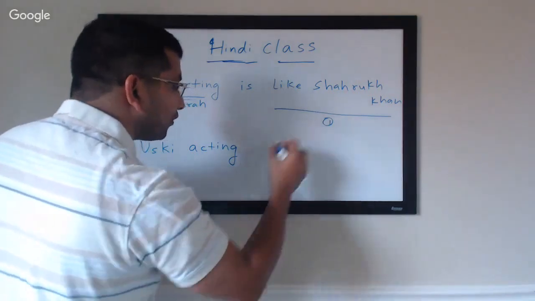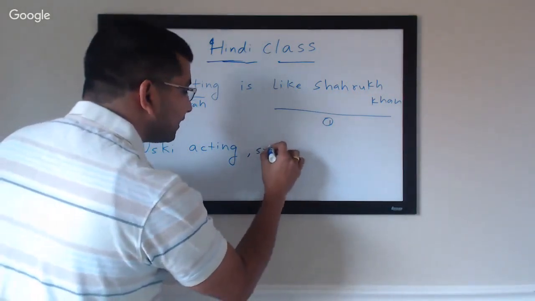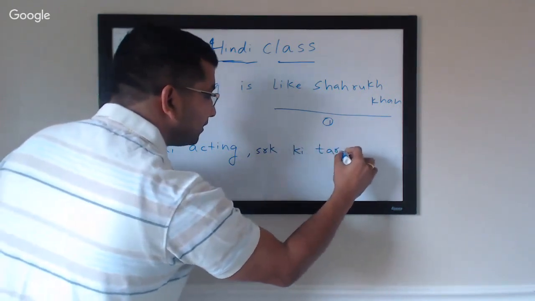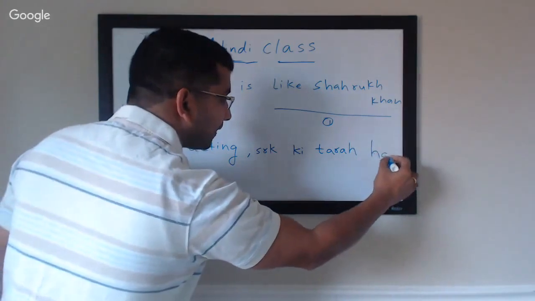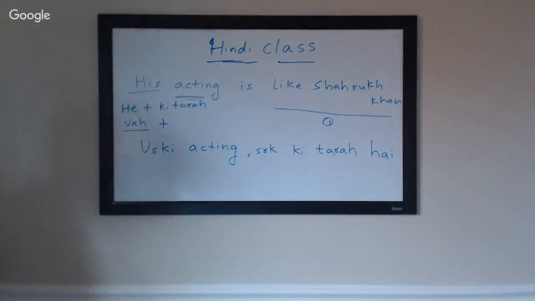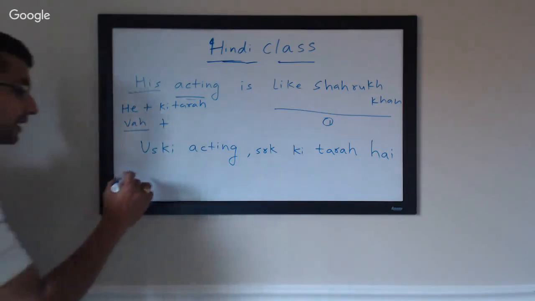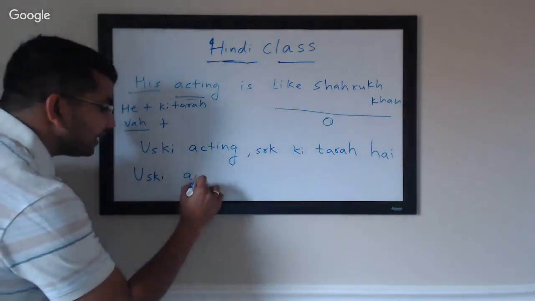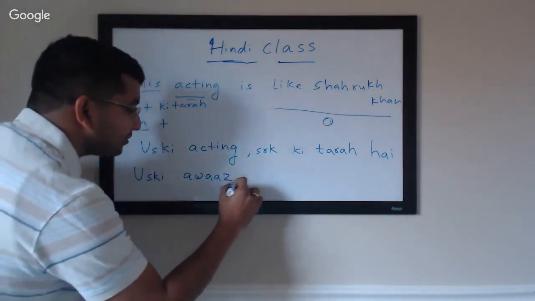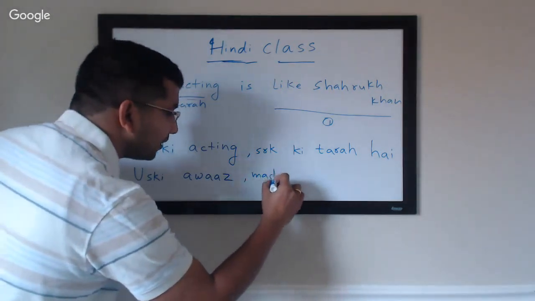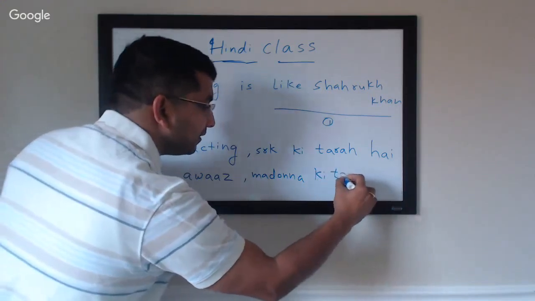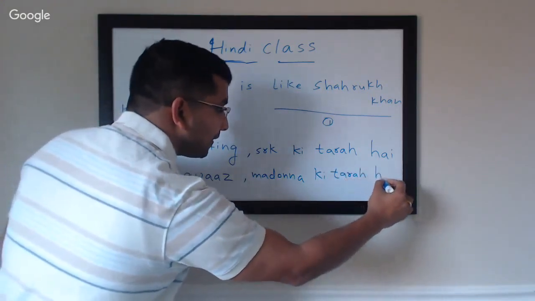Now the second part is straightforward, like Shah Rukh Khan. The short form of Shah Rukh Khan is SRK, so it is उसकी acting SRK की तरह है, right? Another sentence would be उसकी आवाज मडोना की तरह है, for her voice or singing.